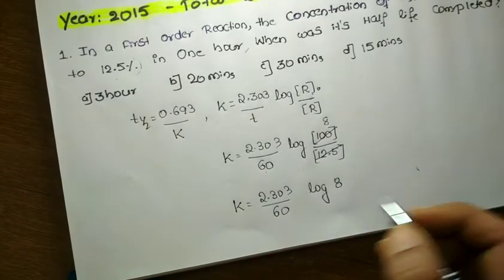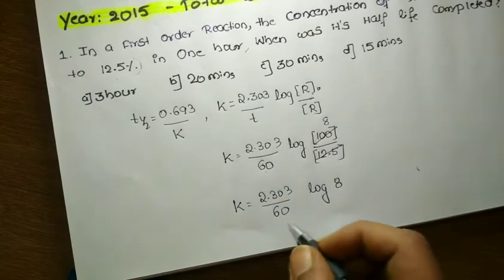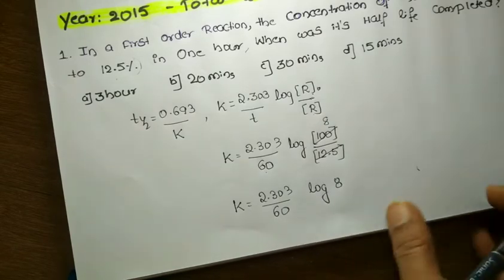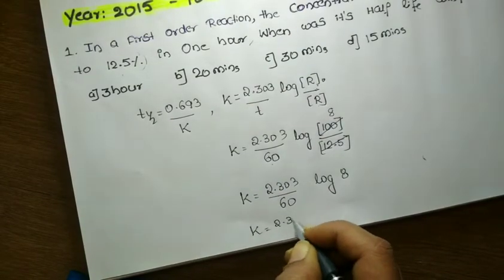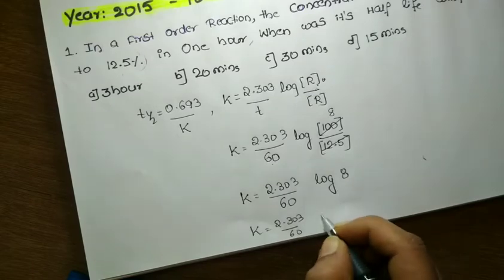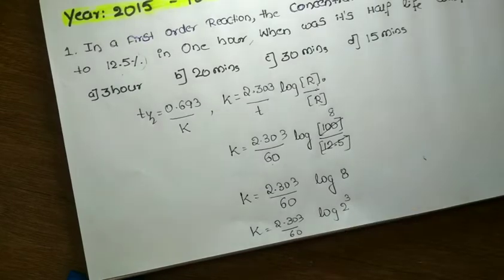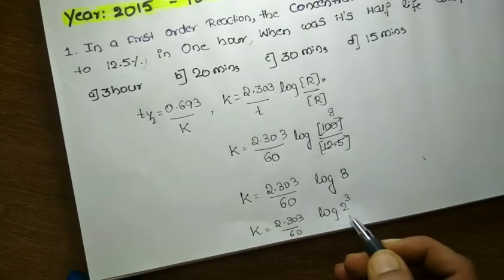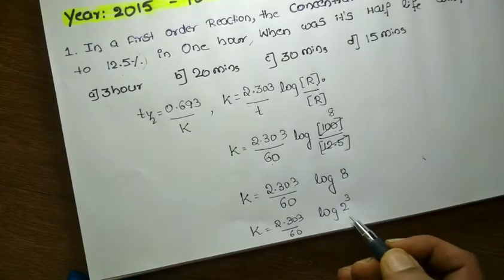I don't know the value of log 8, but if you know the value of log 2, you can easily calculate. K is equal to 2.303 by 60, and log 8 can be written as log 2 to the power 3. It is in the form of log m to the power n, which can be written as n into log m.